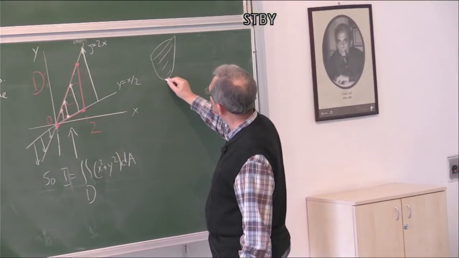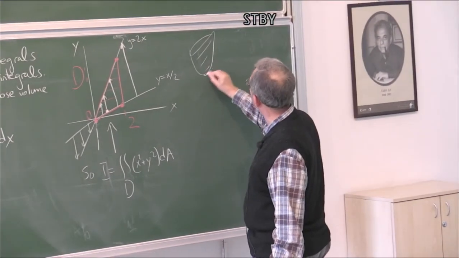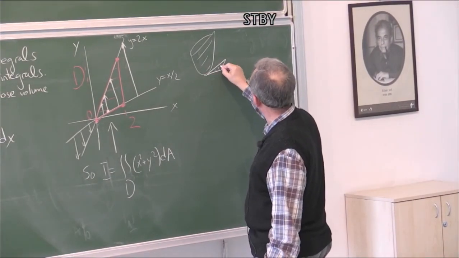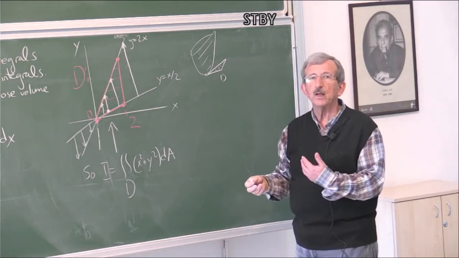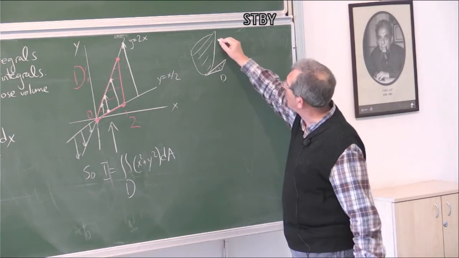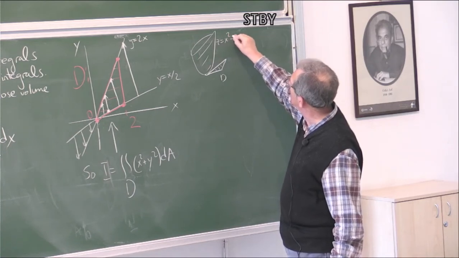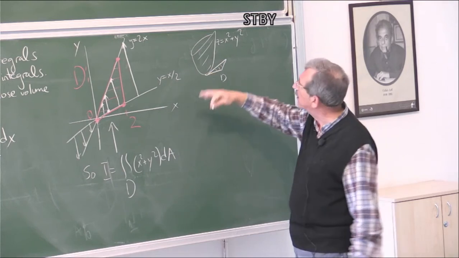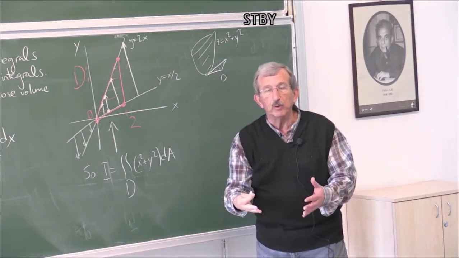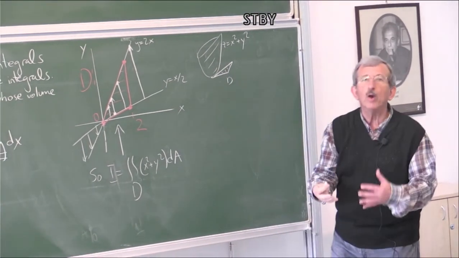At the bottom, you have a triangle. This is D. On top of this, what do you get? Remember, the paraboloid bounds the figure from the top. It means that we are not inside the paraboloid. We are below the paraboloid.